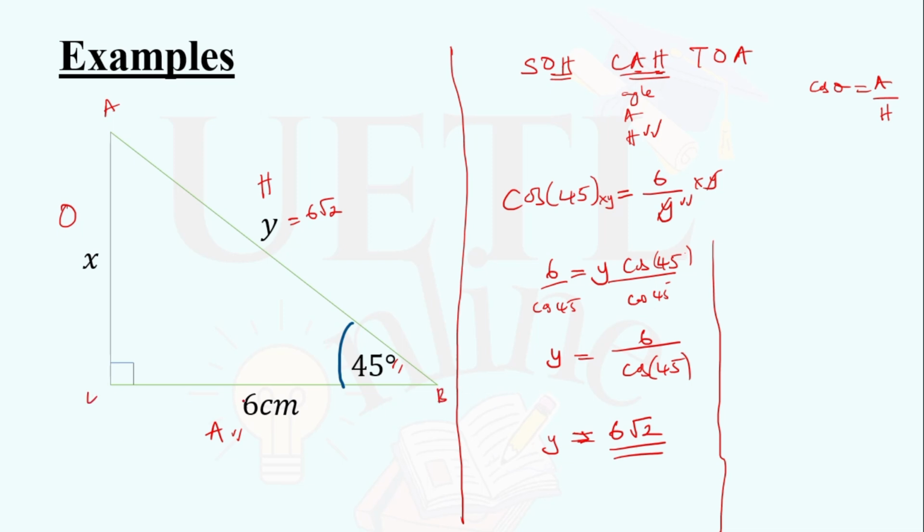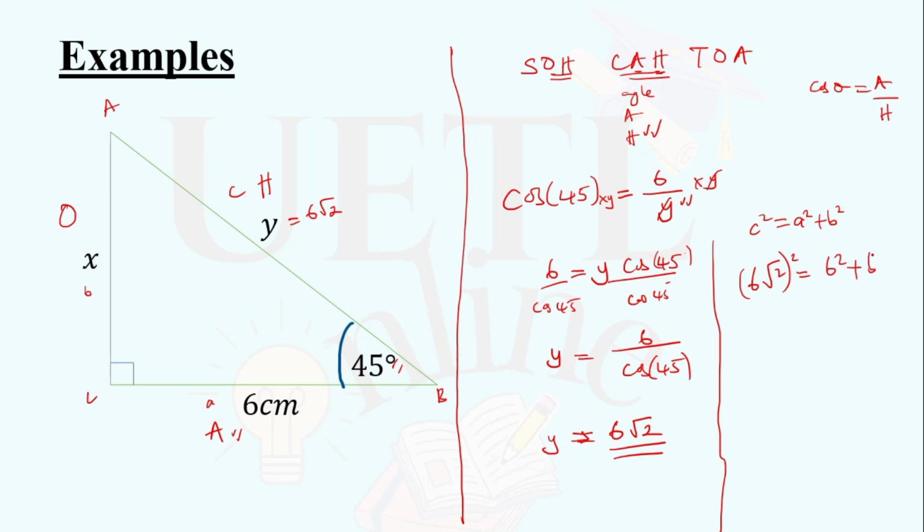This is our A, this is our B, and this is our C. C squared is equal to A squared plus B squared. Our C squared in this case is 6 root 2 squared, which is equal to A squared, 6 squared, plus B squared.